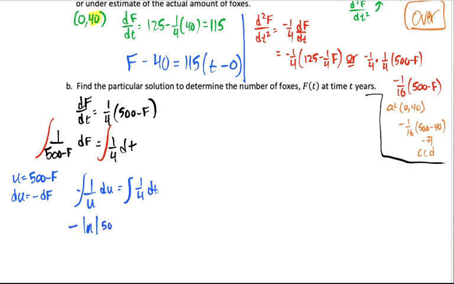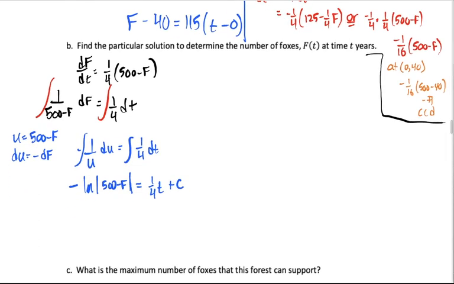I'm just going to immediately replace it to save myself a little bit of writing room, and not put a parenthesis there because it's an absolute value sign, equals our 1/4 t plus c. All right, let's move the negative sign over. So we have ln, absolute value, 500 minus f, equals a negative 1/4 t. Again, we're just going to do plus c, because if we have a negative constant, it's the same thing as just saying we're adding a constant, because our constant could be a negative constant.